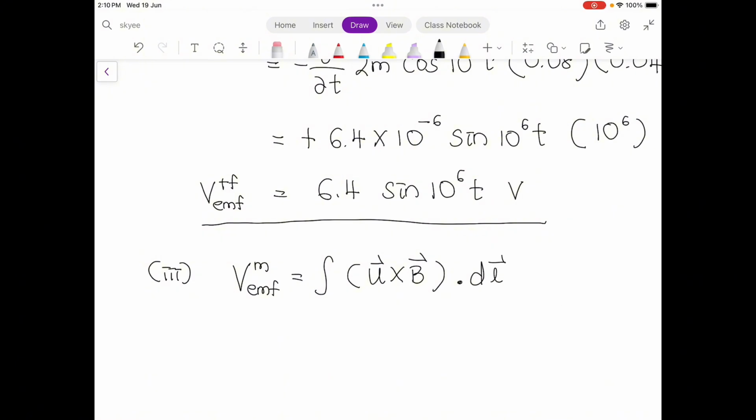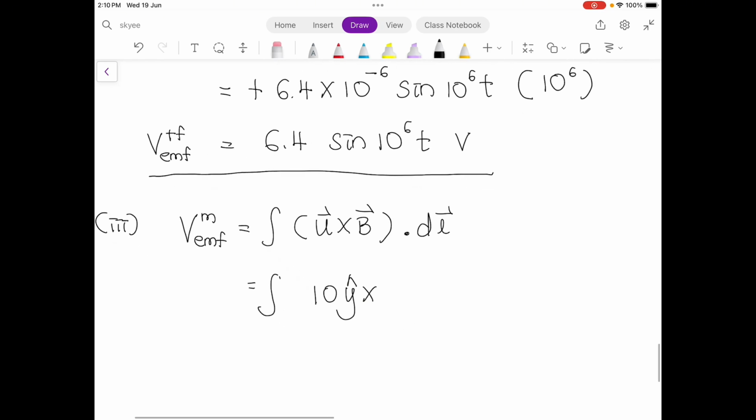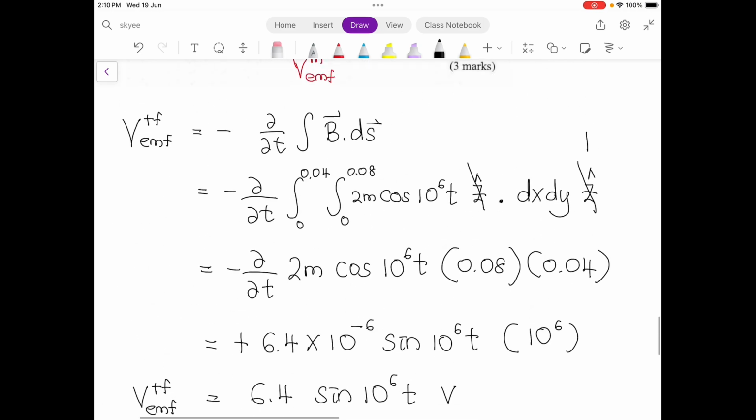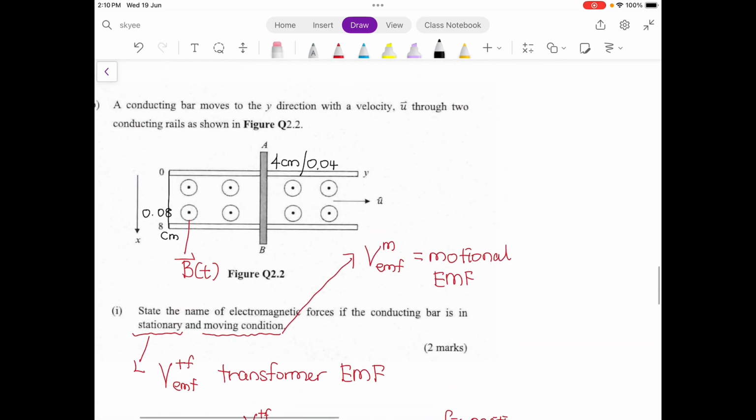So dl stands for the length of the moving bar. u is 10 in the y direction, cross with B, which is 2 in the z direction, as mentioned by the question. The moving bar is in the x direction, so it will be dx.